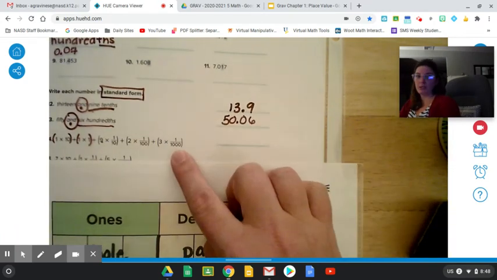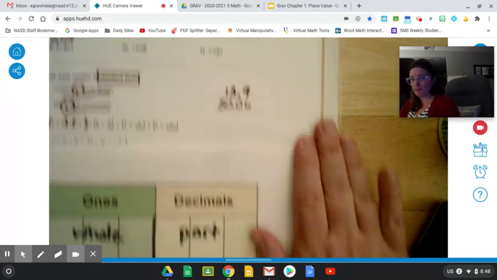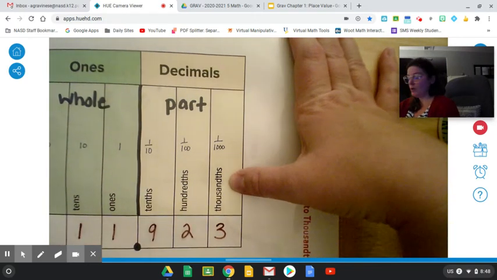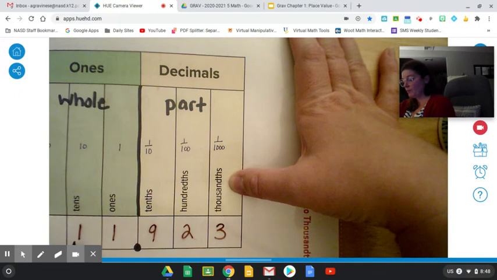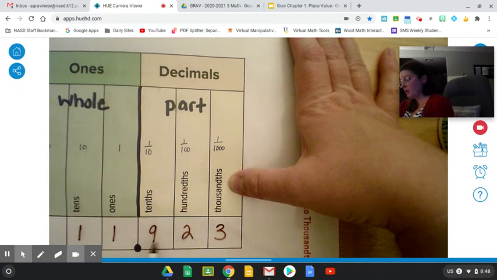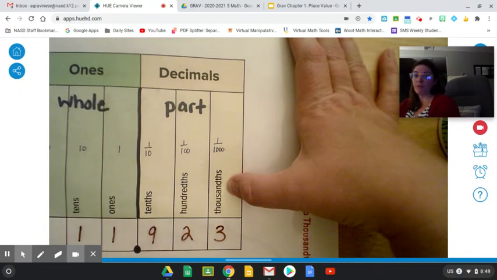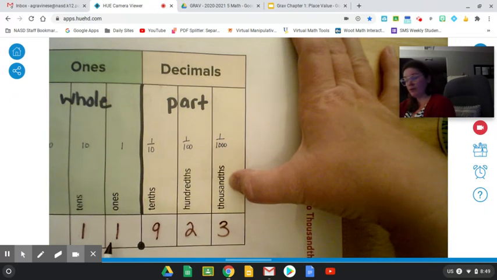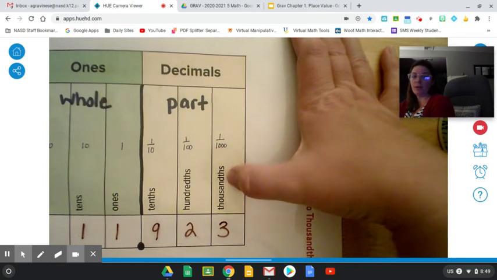And 3 is in the thousandths. I put my 3 in the thousandths. So what is our number in standard form? 11.923. And if I wanted to be fancy and read that, I would say 11 and 923 thousandths.